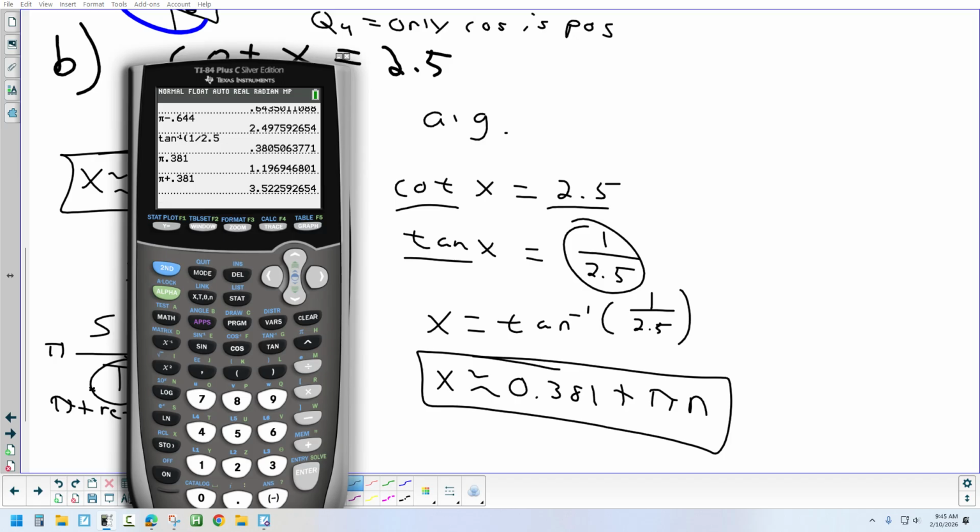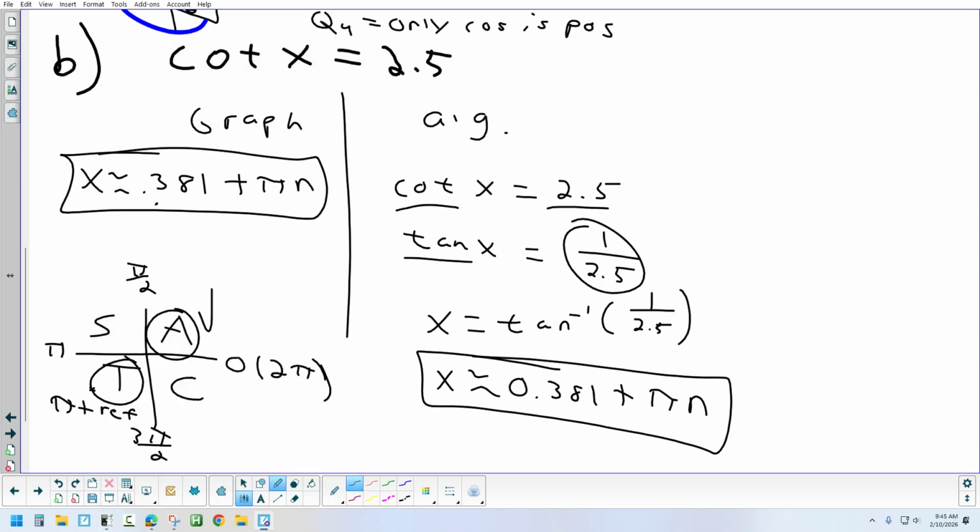Why wouldn't I write that answer down? It's in a different cycle. This answer is already included right there. If you add one multiple of pi to 0.381, you automatically get that answer. It's in another cycle, so you don't need to write it down.